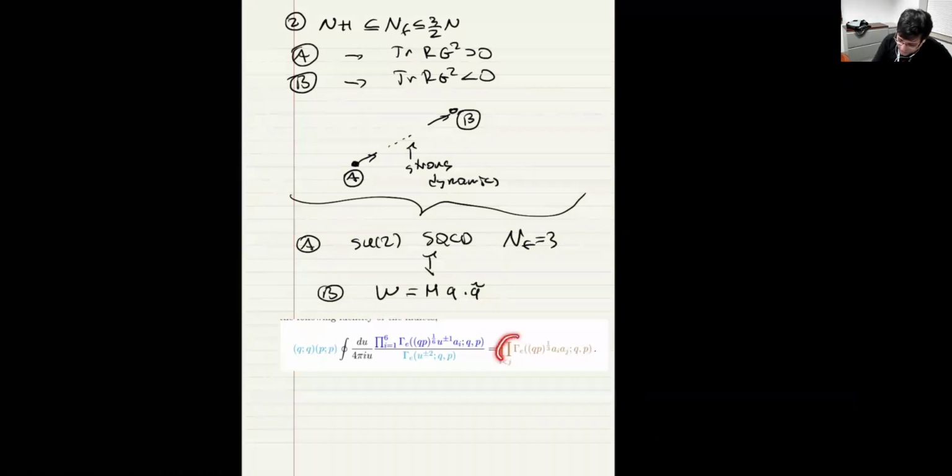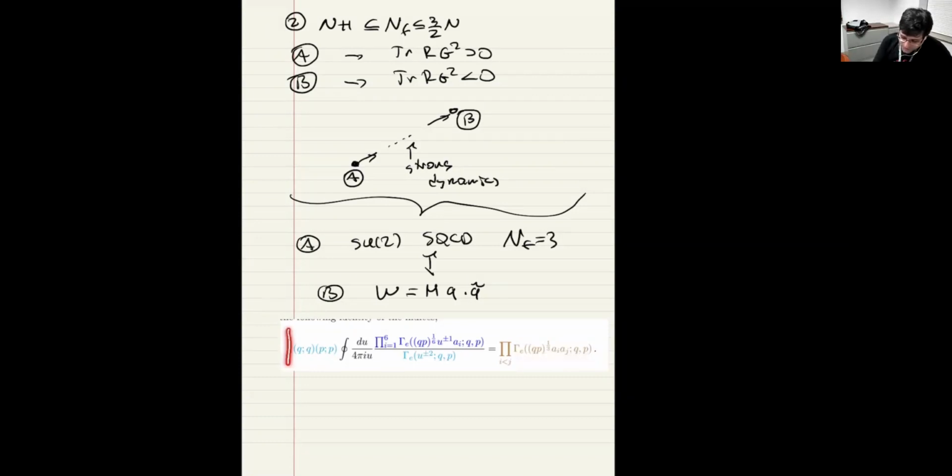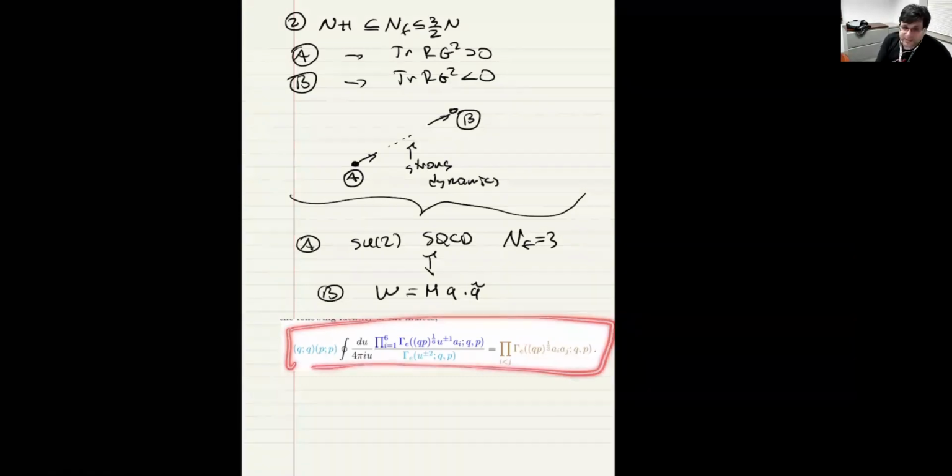So you will have just a product of these elliptic gamma functions. And if the duality is correct, this equality needs to hold. You might have gotten the correct impression that these elliptic gamma functions are complicated functions. So this is a rather complicated identity which needs to be satisfied if the duality is correct.